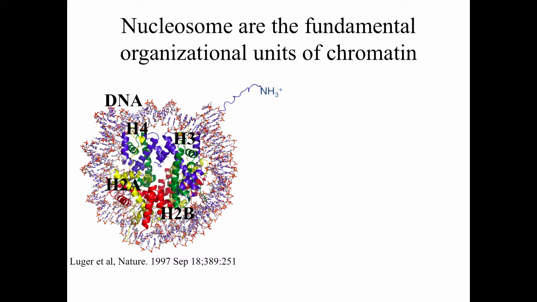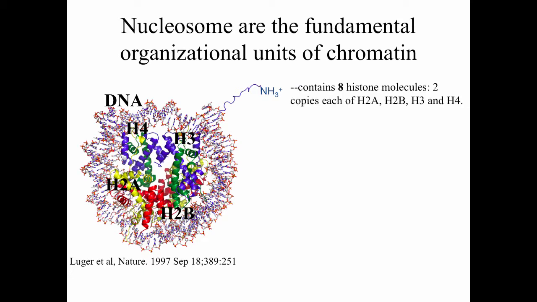Okay, so again, nucleosomes are the fundamental units of chromatin. Another way of saying this is chromatin is essentially repeating units of nucleosome. So this is the structure of the nucleosome. The nucleosome, by the way, is my favorite crystal structure in the world. I could just spend hours looking at this structure. It was actually solved in 1997 by a researcher named Carolyn Luger.